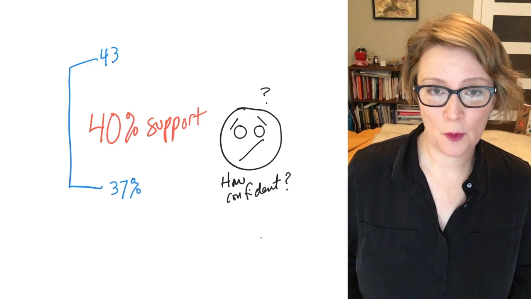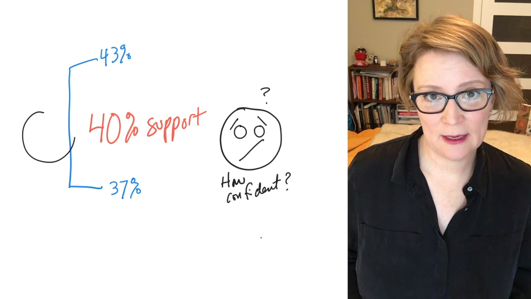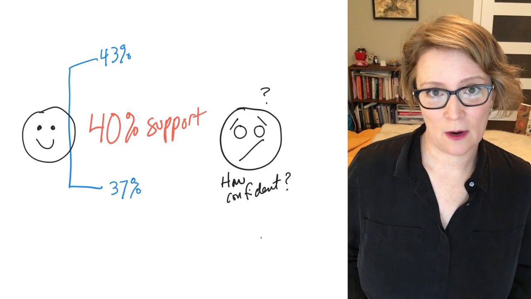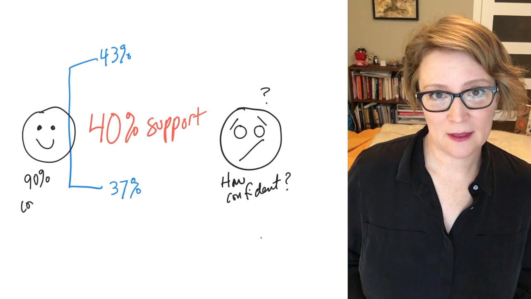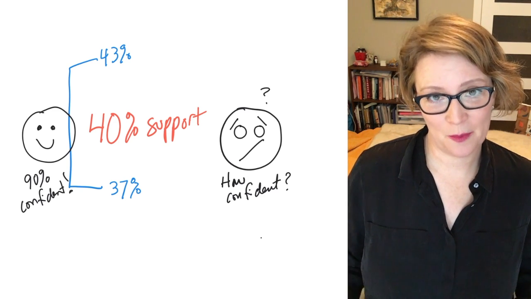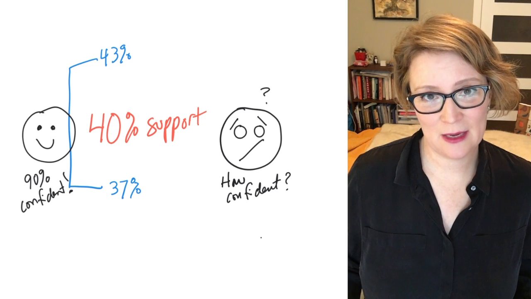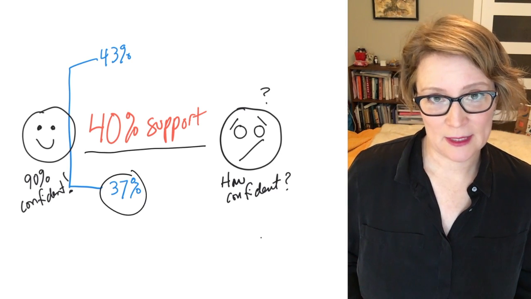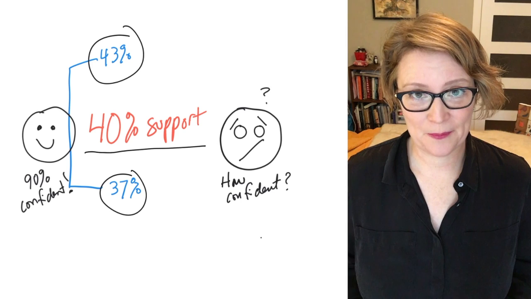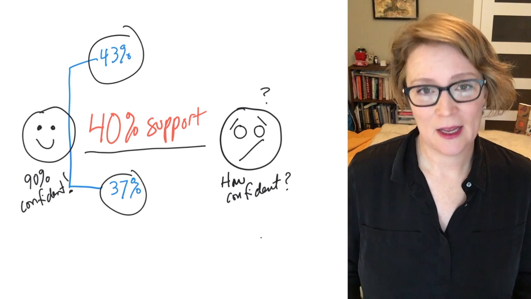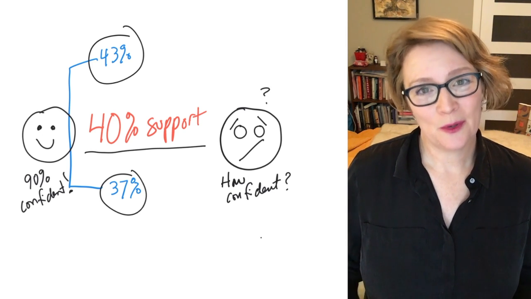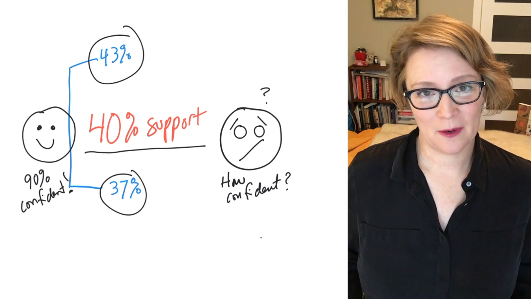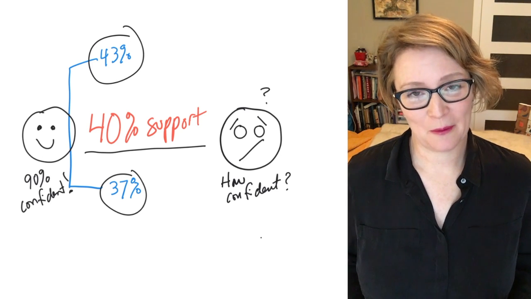So if you hear 40% plus or minus 3, that means that we are 90% confident that the actual percentage of people that want the new garbage collection is between 37 and 43. It's much easier to just say it's 40%. But the truth is, we are fairly sure that it's between 37 and 43%.